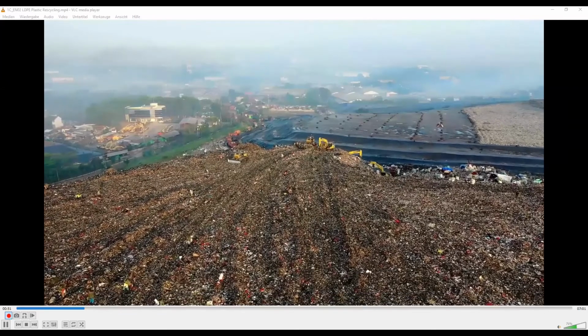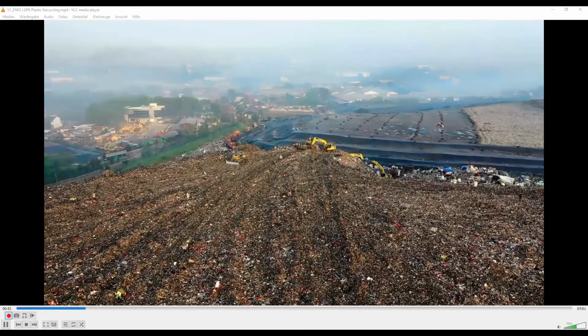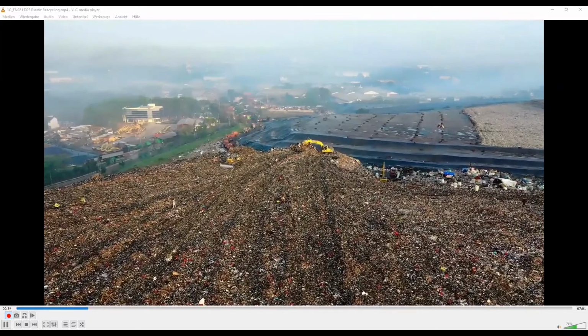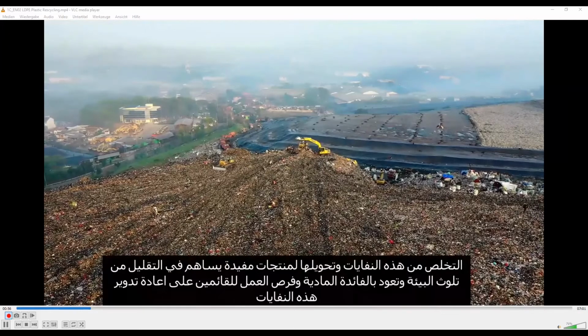and recycled here. They are just getting amounts of this plastic to recycle it.